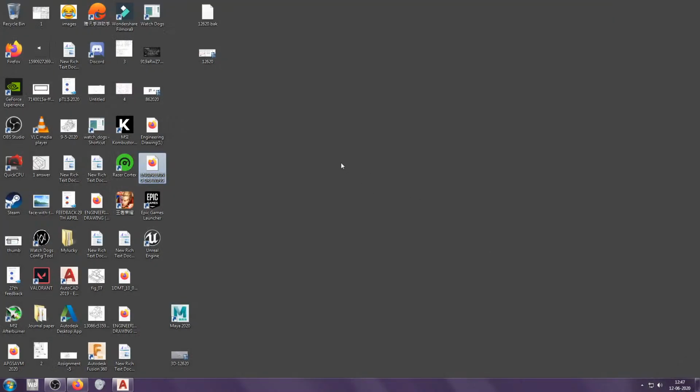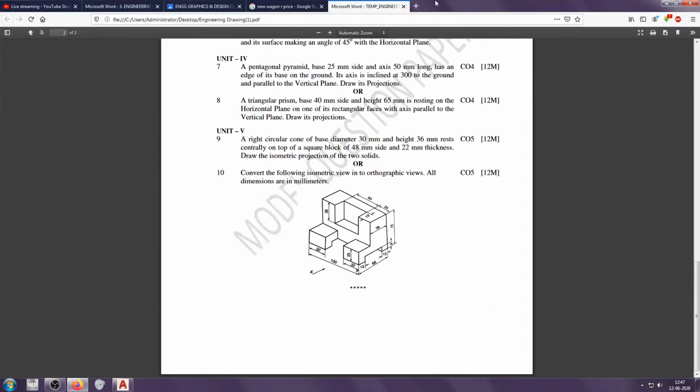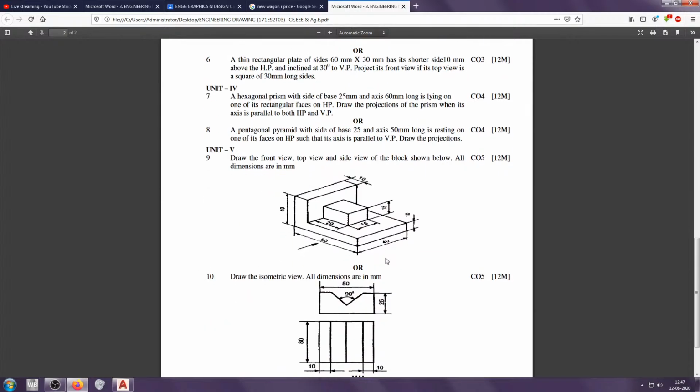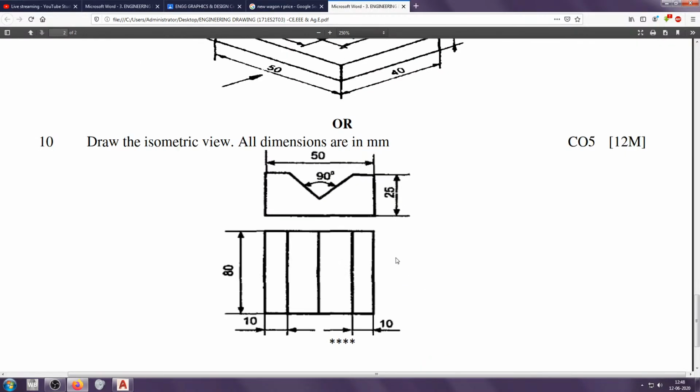Oh, this one. Okay. So see here, this is the figure that we need to convert. These two are the orthographic views.